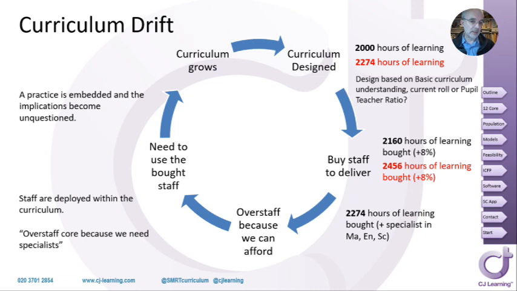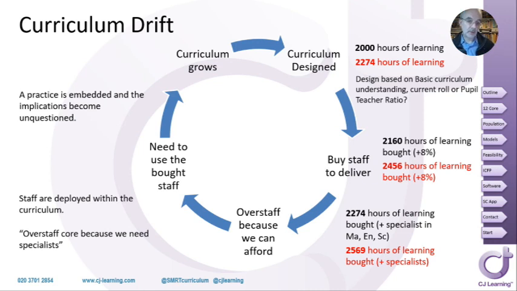We've got capacity because we've embedded the costs and we've got used to the financial structure. So we add more. So our 2,000 baseline has now become 2,400.